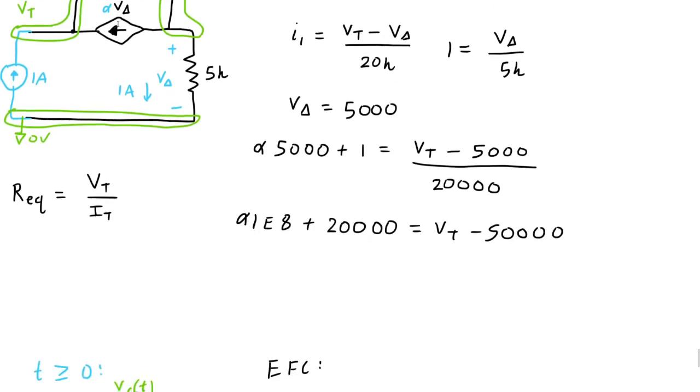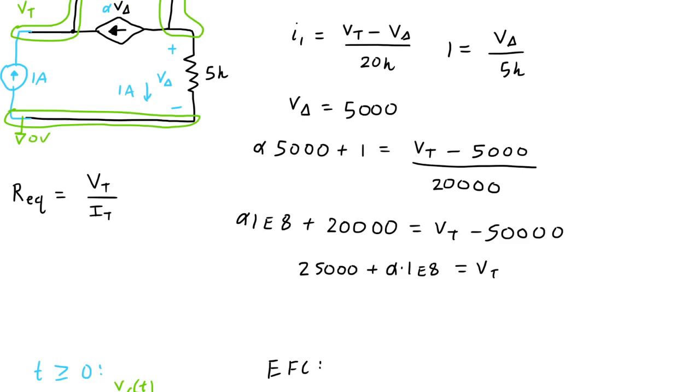All right, so if I simplify this out, let's say that 25,000 plus alpha times 100 million equals VT. If we can find VT, then we'll be able to find out what alpha is.